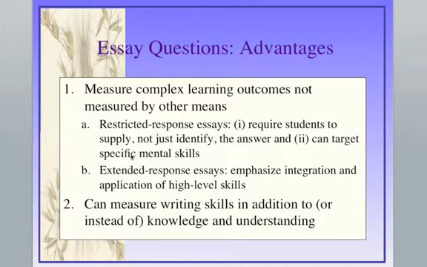Secondly, extended response essays emphasize integration and application of higher level skills. And so this is the kind of question that we might see in a social studies end of unit test, say on the Civil War. And it talks about explain how X number of causes or X number of factors played into the start of the Civil War, or conversely you might say, explain how different socioeconomic issues or phenomena in the United States brought about the end of the Civil War and brought about the resolution to that war in the direction that it ended up.